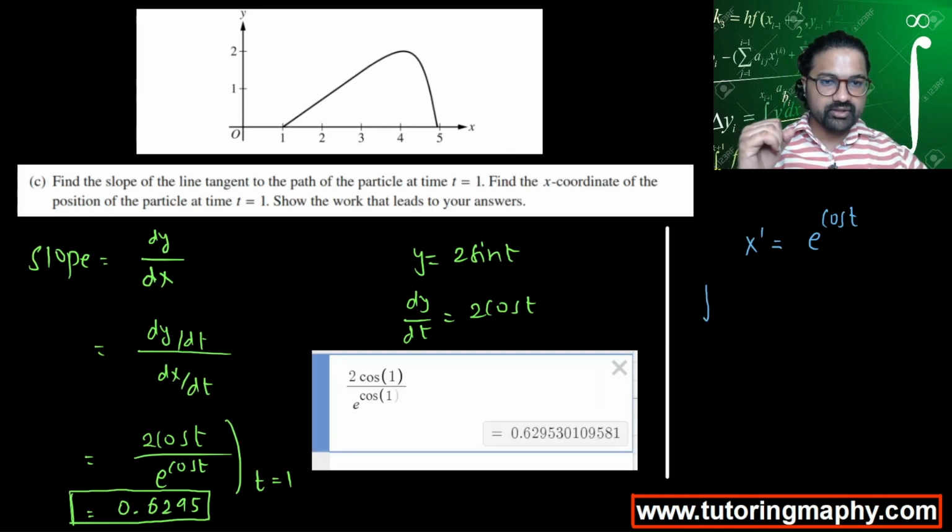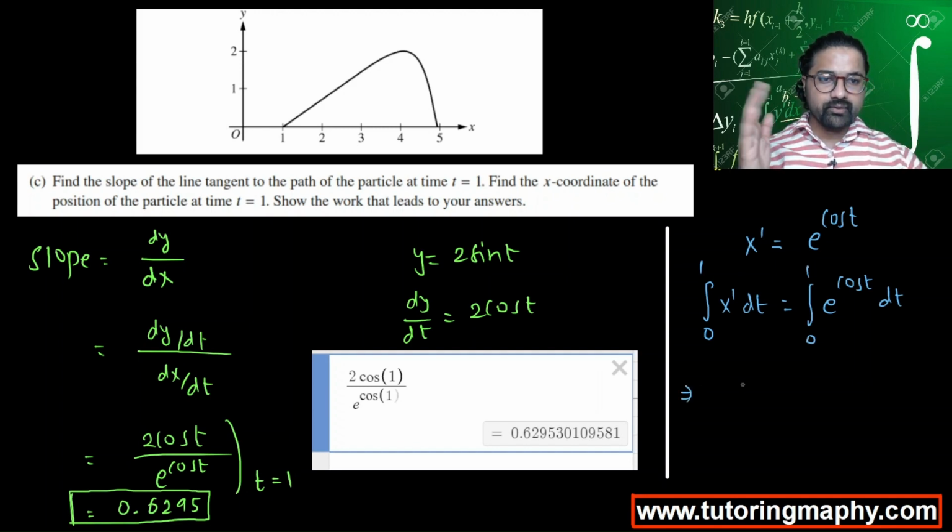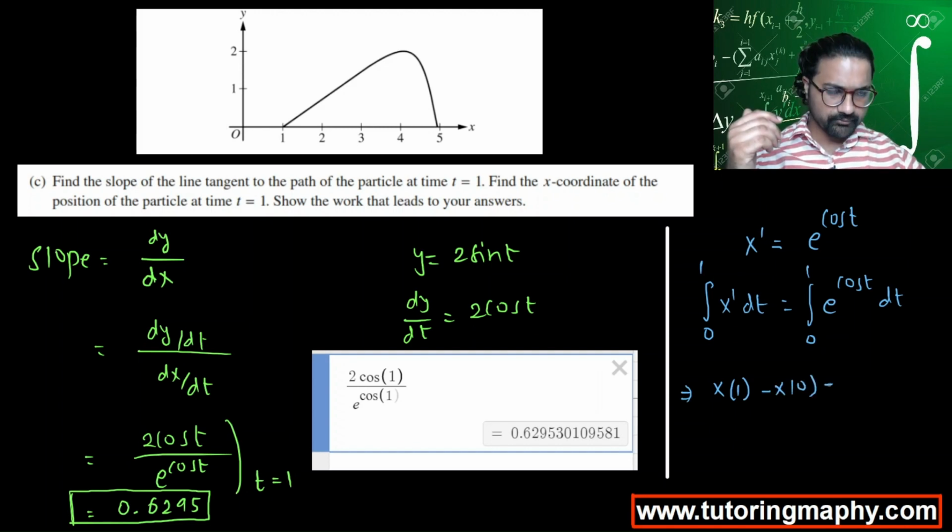I'm going to put the integral sign on both sides from 0 to 1 of x prime dt, which is e raised to cos t dt from 0 to 1. If we integrate x prime, I just get x, and with the limits that's x at 1 minus x at 0.